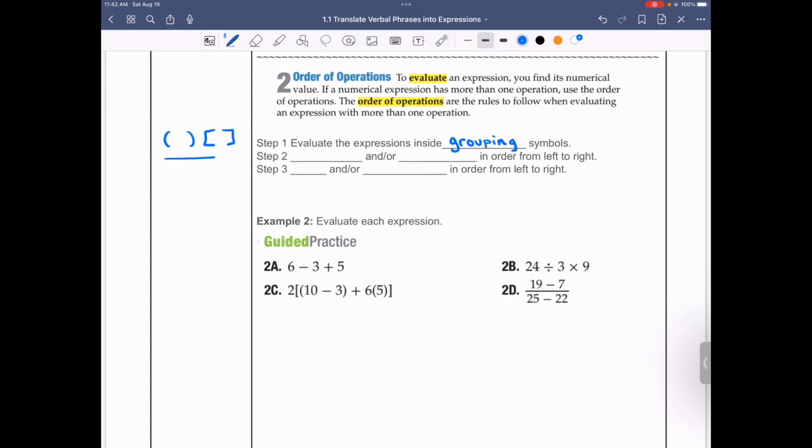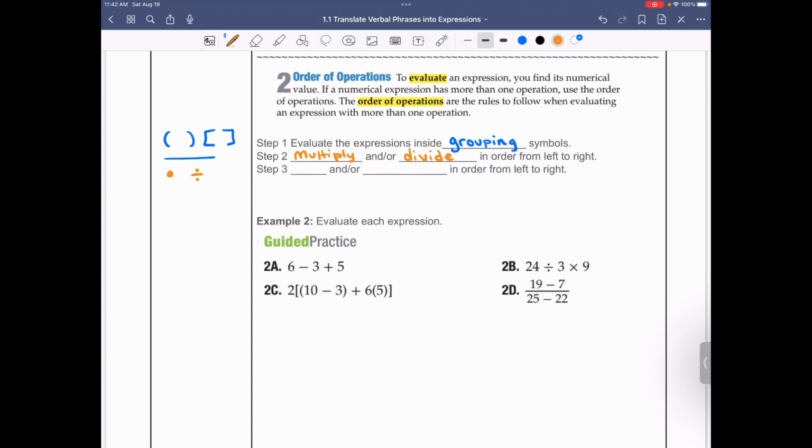Step 2 is multiplying or dividing in order from left to right. So I'm going to write multiply and or divide in order from left to right. So we'll either multiply or divide.